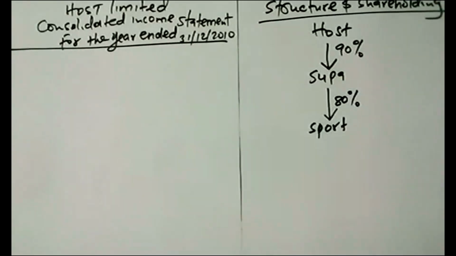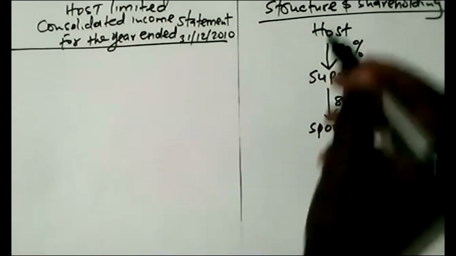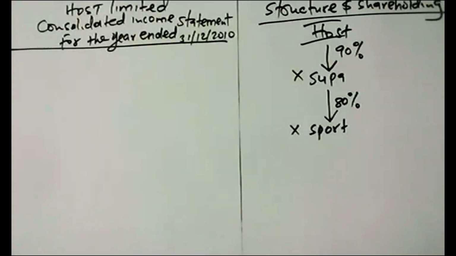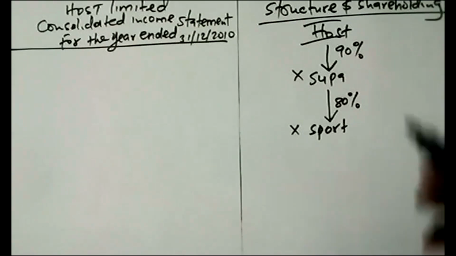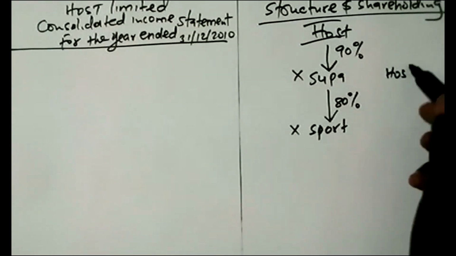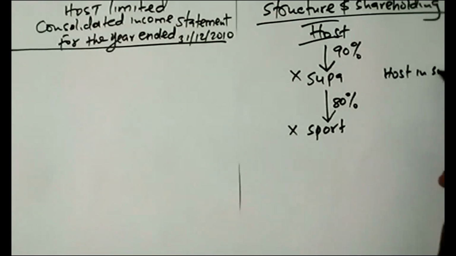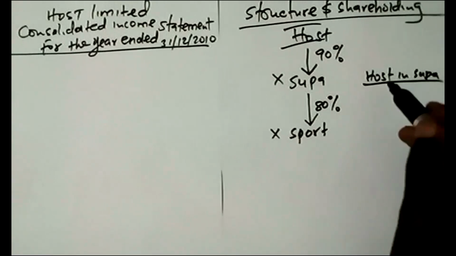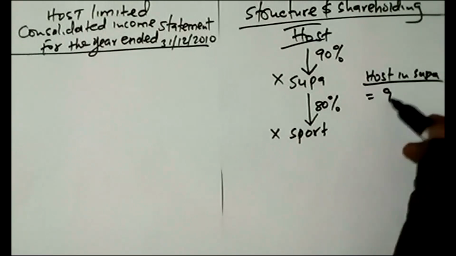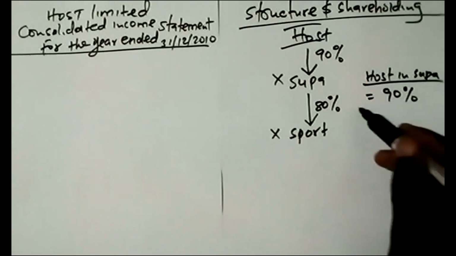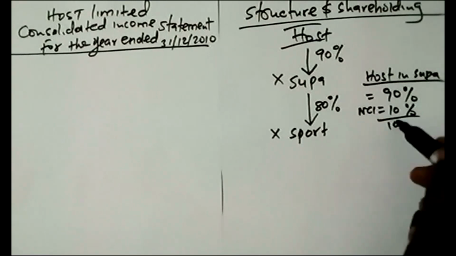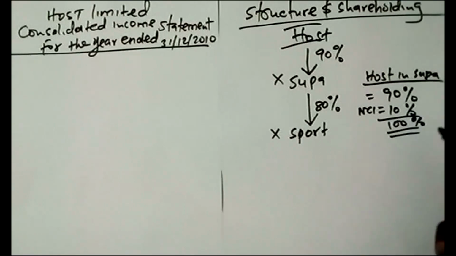Remember that host is the one which controls super and sport. So host in super is a direct control of 90%. Then we have an NCI of 10%, so that it makes 100%.